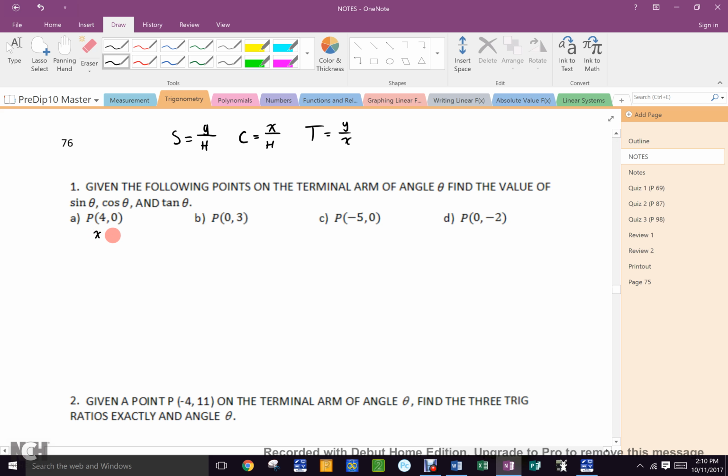What is the sine? What is the hypotenuse? The hypotenuse, as Lauren has told us, is the square root of x squared plus y squared. So what is the hypotenuse here?